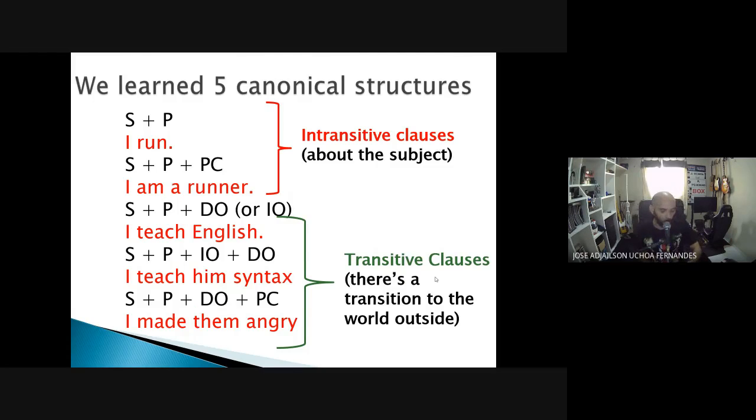Any questions about this? Do you clearly see this dichotomy between intransitive and transitive? Yes. Okay. And in the video, if you watch it again, I hope you see these 5 structures. The guy that teaches in the video doesn't even tell us his name.